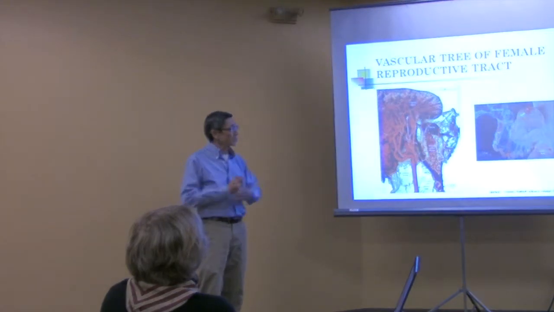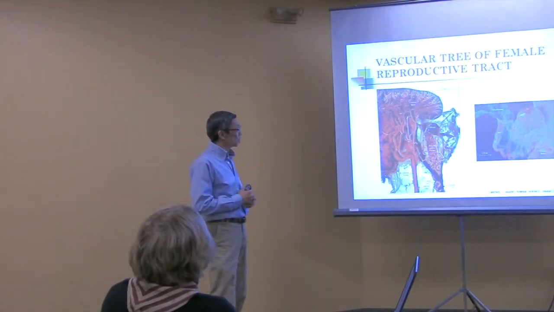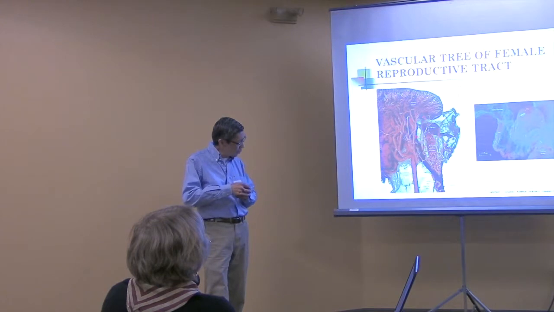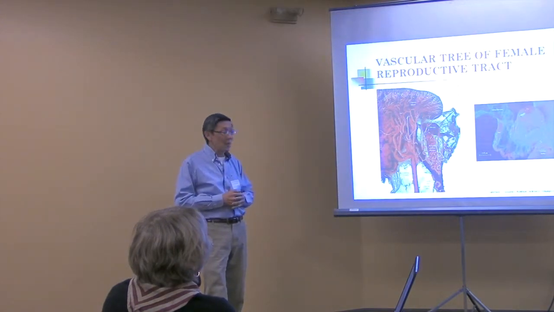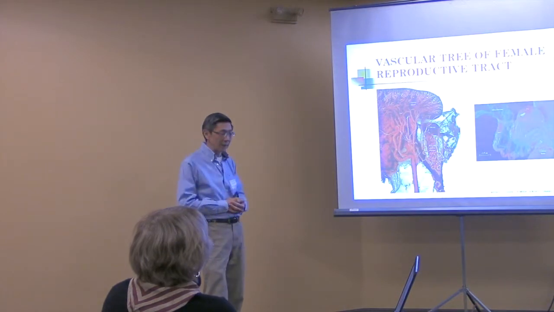Having such an extensive vascular system not only provides a means by which nutrients can be delivered to the cells in the uterus and the ovary, but their products can also travel to different parts of the body.